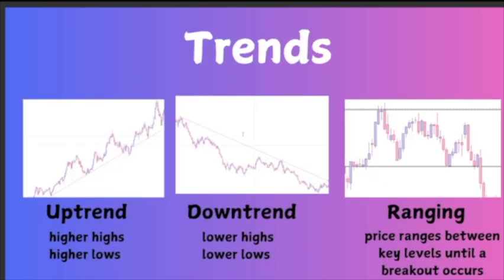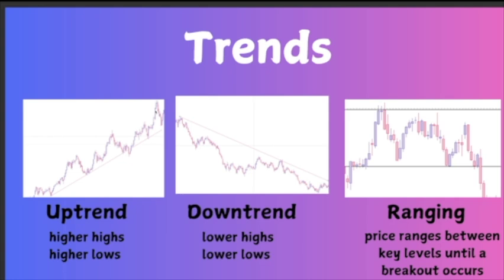So a trend, like I said, we are going to look for candlesticks that are being printed towards the upside, candlesticks that are printing towards the downside, and then if they are ranging in between two key levels. So in the first picture, we see an uptrending market. You don't necessarily have to look at each candlestick to determine that the market is going up.